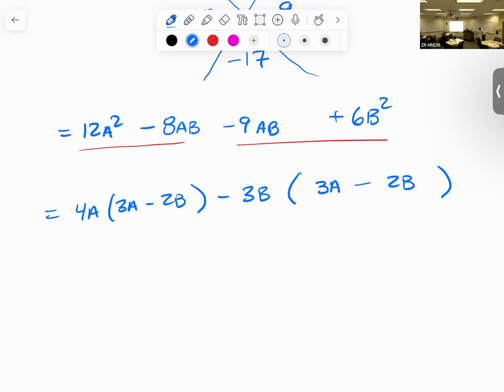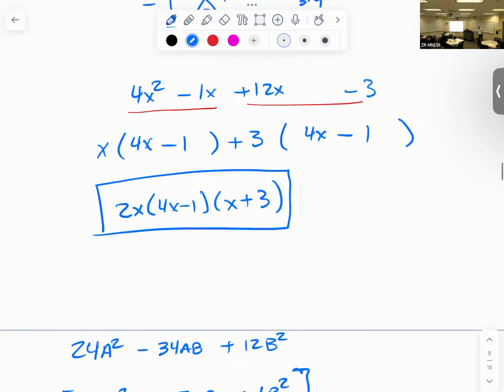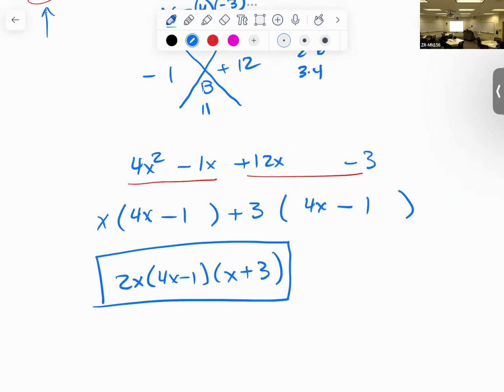So then it would just be positive 3A minus 2, and it matches. The one you were looking at before didn't work because it was positive, negative, positive, negative. So we want that to be positive.